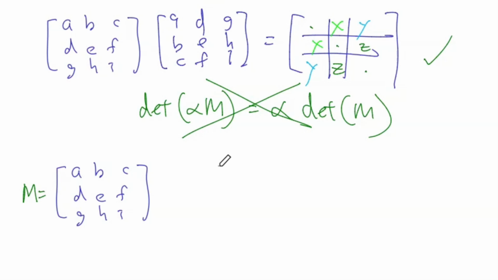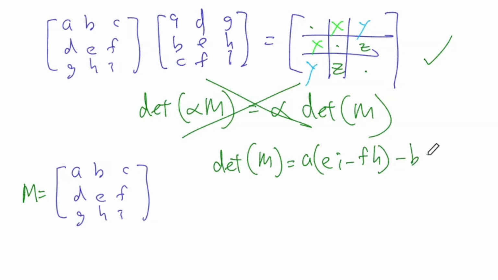So if M is this, from the previous example, the determinant of M is A multiplied with the determinant of this one, E I minus F H, minus B something, plus C something, right? This one you can write out, right?